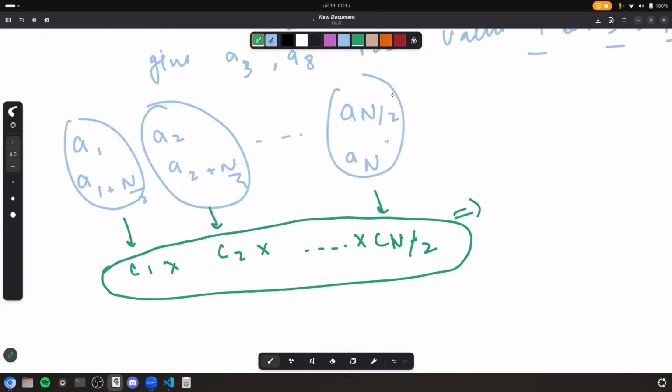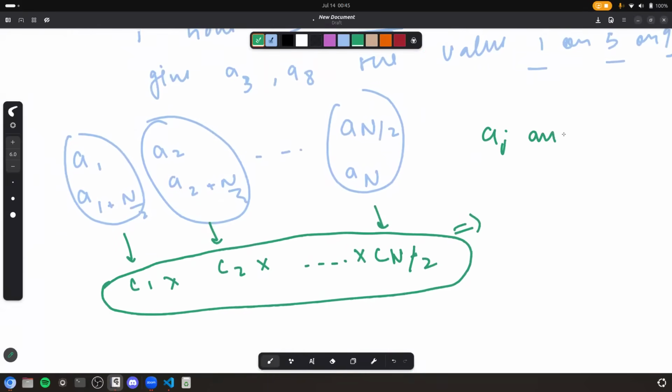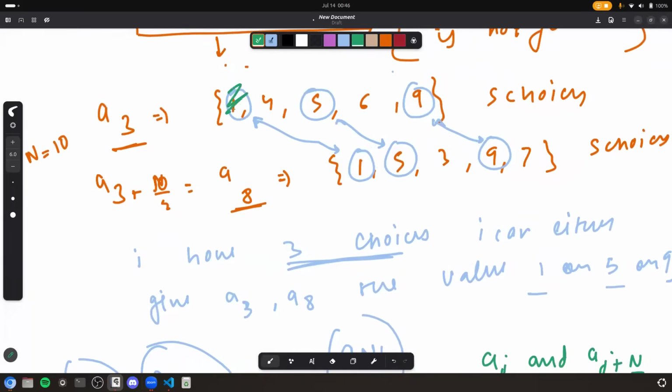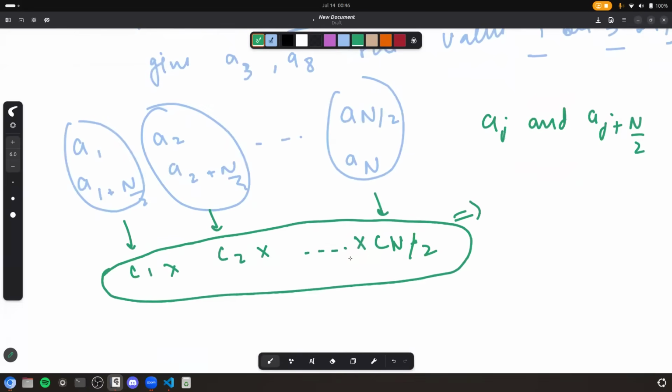If there is some pair Aj and Aj plus n by 2 which do not have an overlapping number, they cannot be the same number. Let's say if this didn't have these 3 choices, it can only be 4 or 6. So now we cannot make A3 and A8 the same. So there are 0 choices, and the answer would automatically become 0, since if one of these becomes 0, then it would all become 0.